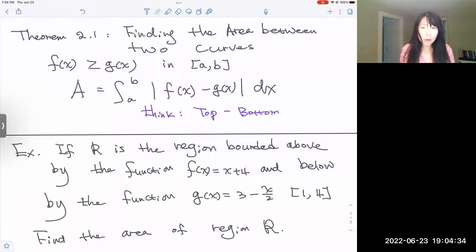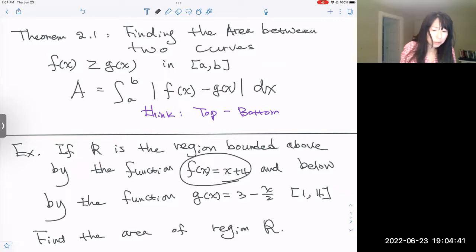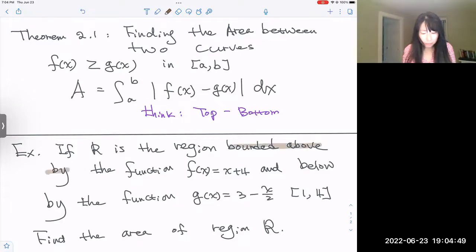Okay, so it's a matter of drawing, but there is a clue in the statement. They say that it's bounded above by this function and below by this function, right? Then we notice which one is the top and which one is the bottom, right?